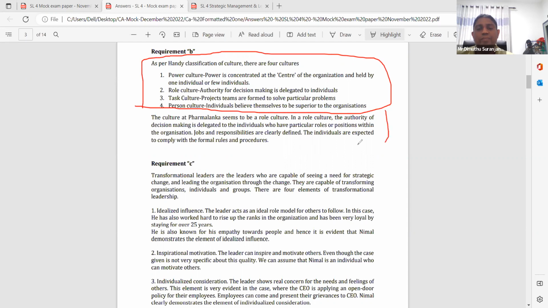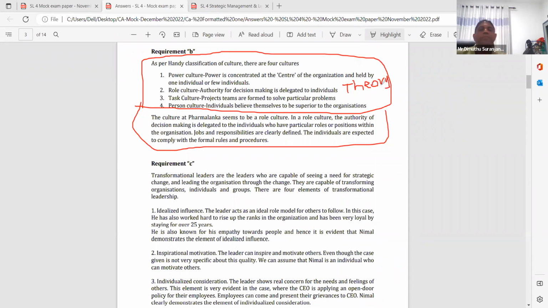Application is the key, right? So in the first part, the examiner talks about the theory.